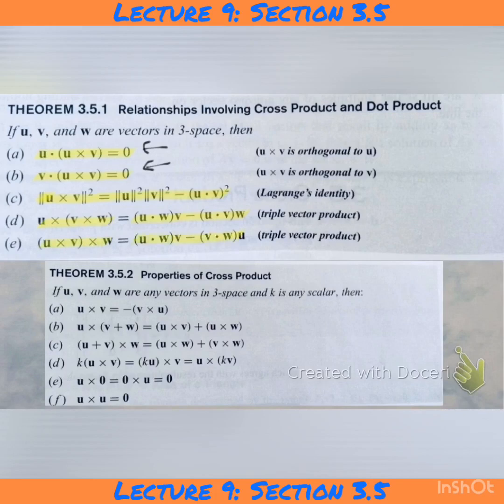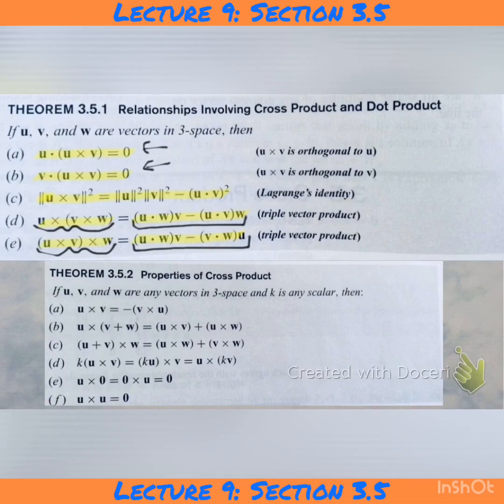So one can actually see here that if the operation on vectors is the cross product, then associativity does not necessarily hold, because this is not necessarily the same as this.